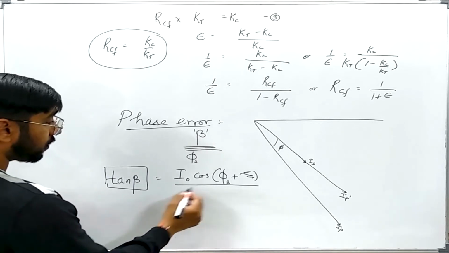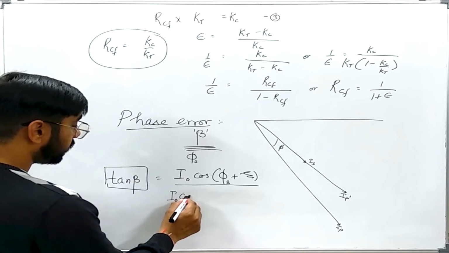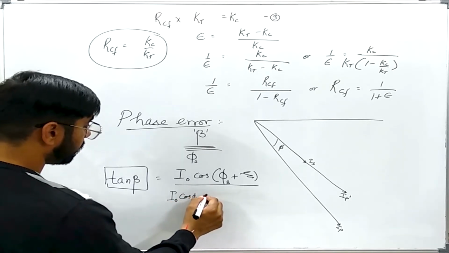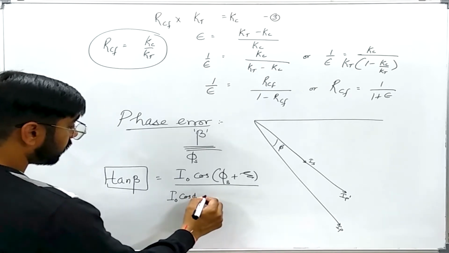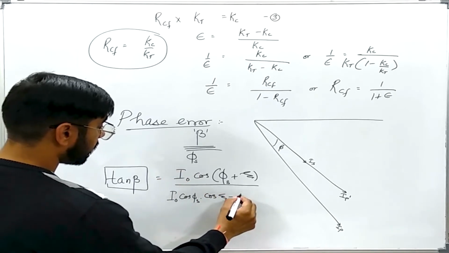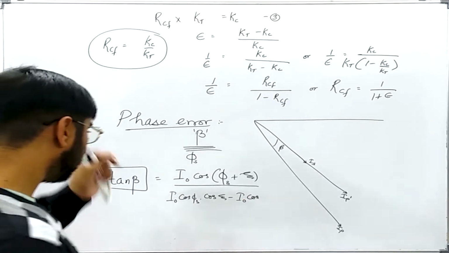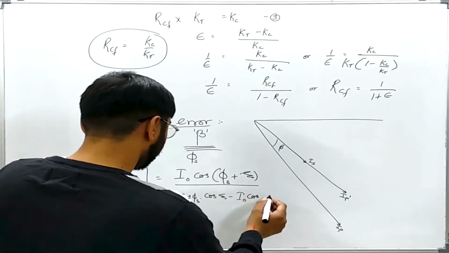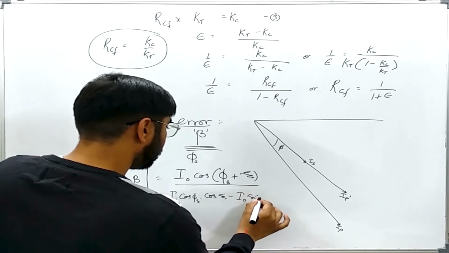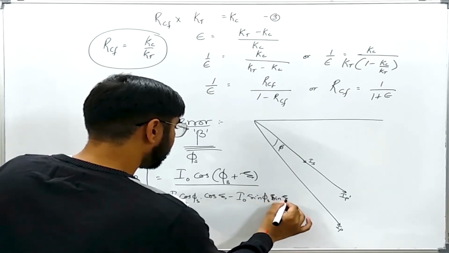Okay, so I naught cos (zeta plus phi s) can be written as I naught cos phi s cos zeta minus I naught sine phi s sine zeta.